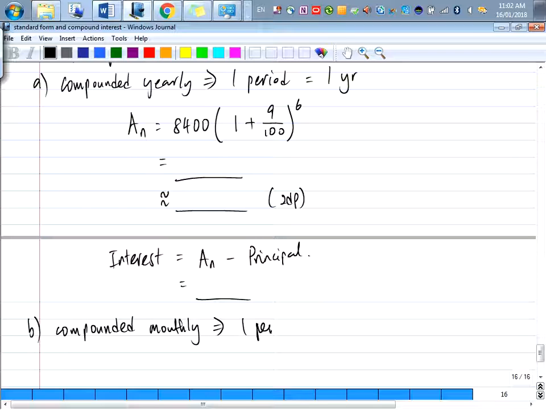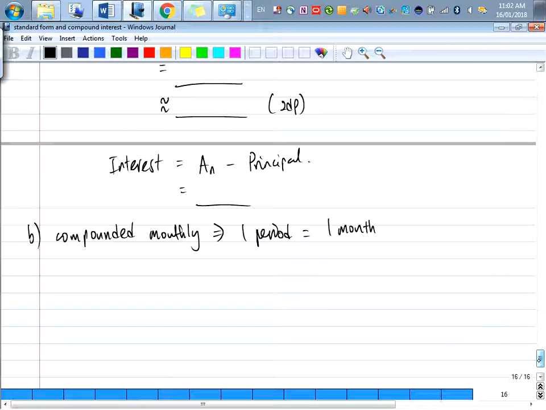Therefore, 1 period is equal to 1 month. Since 1 period is now 1 month, let us determine the interest rate per period. How much is the interest rate right now? 9.